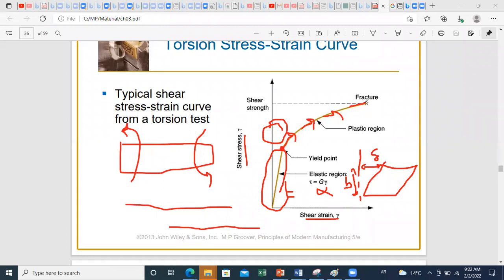So in shear, there is no necking; you just have an increase of the force applied until the fracture point, which will define the shear strength. Okay, so this is one of the easiest profiles, the shear stress-strain curve.